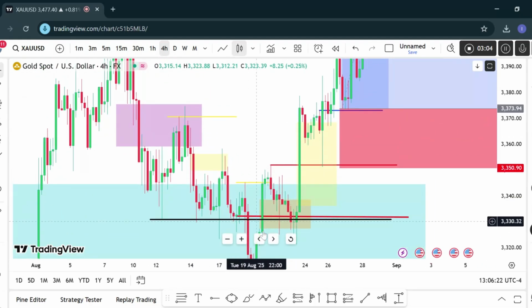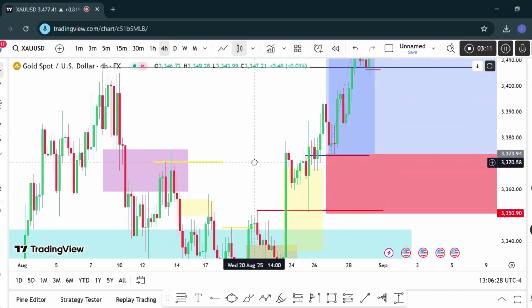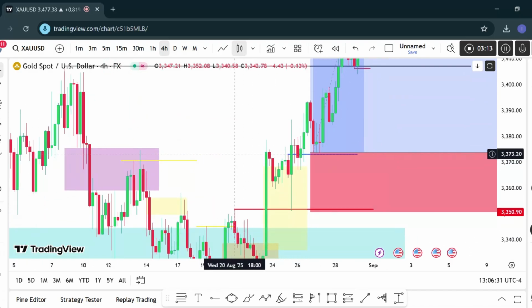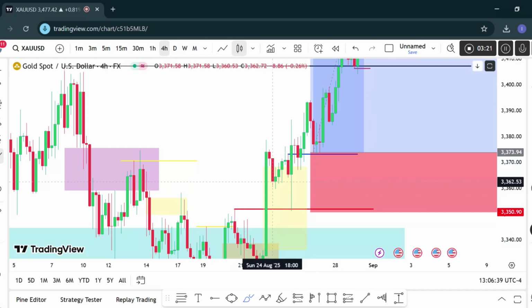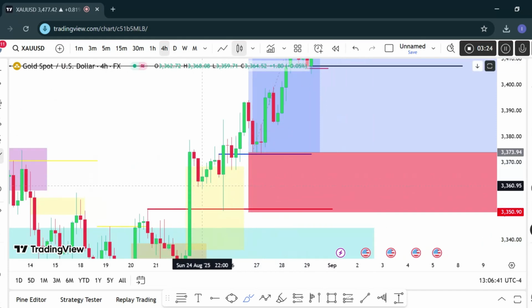I wait again for this exact setup. The same thing. Please guys, you need to understand, the market is always doing it every single day. And then what you have here for our fair value gap, you see how big it is? When the market comes there, people start buying.